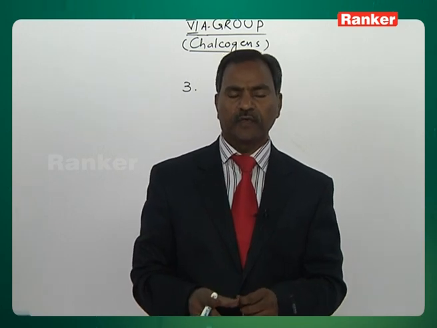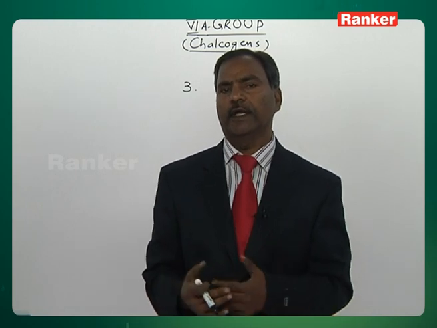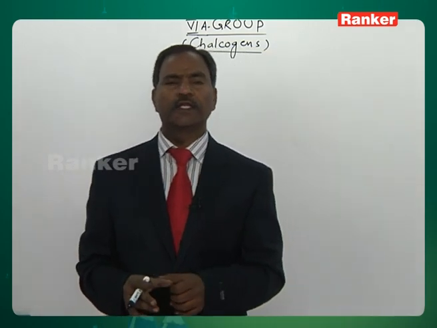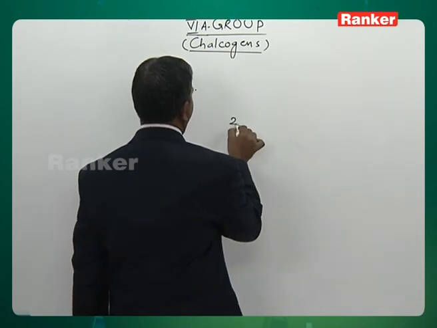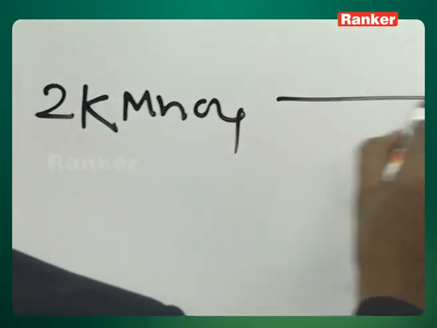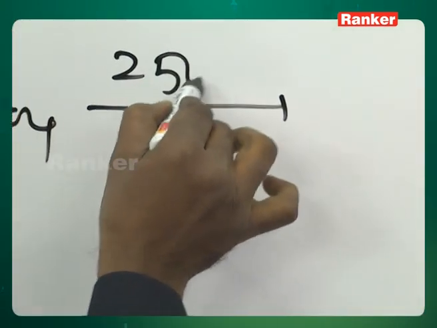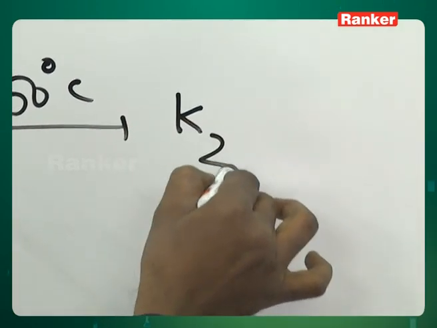Coming to treating the solid with H2, H2 is a reducing agent, it is reducing that one. There is no choice of getting any oxygen. Strongly heating the solid: consider strongly heating 2 KMnO4, near about 250 degrees centigrade. Then you are getting K2MnO4.